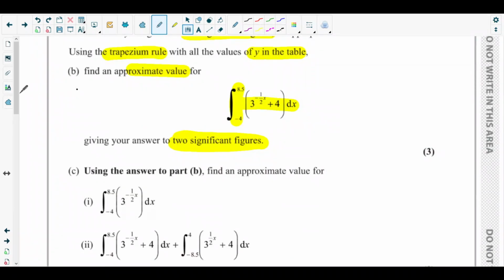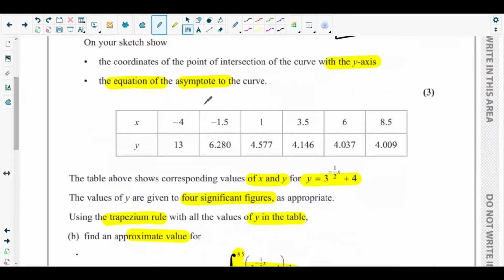Here the parallel sides go like this, so the separation depends on the x values. From -4 to -1.5, then 1, it is increasing at a constant rate. From -4 to -1.5, the difference is 2.5. Each time it increases by 2.5. That means the value of h is 2.5.